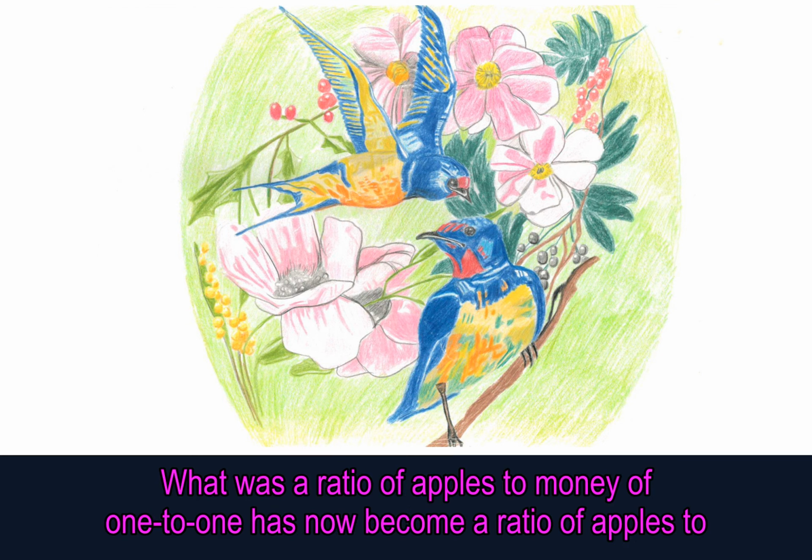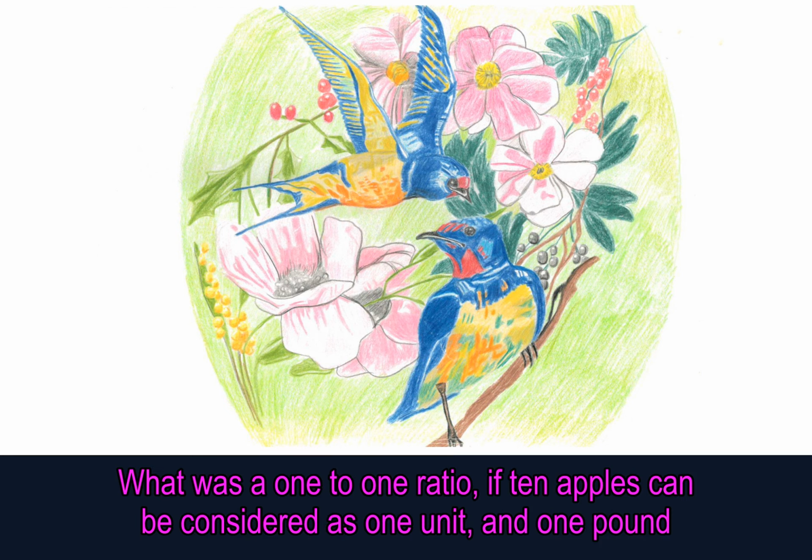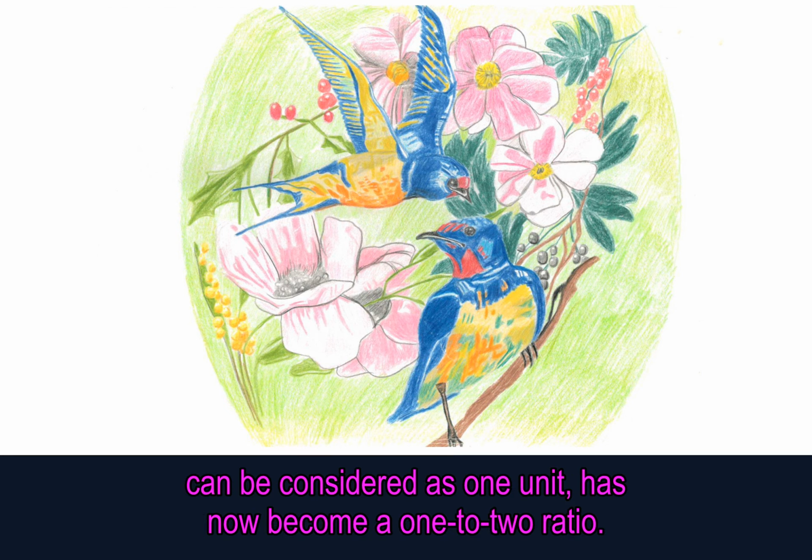What was a ratio of apples to money of 1 to 1 has now become a ratio of apples to money of 1 to 2. What was a 1 to 1 ratio, if 10 apples can be considered as 1 unit and £1 can be considered as 1 unit, has now become a 1 to 2 ratio.